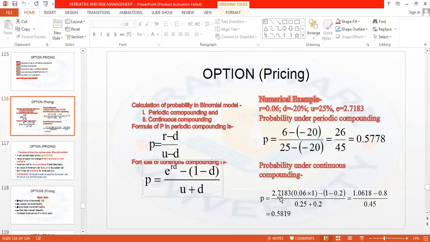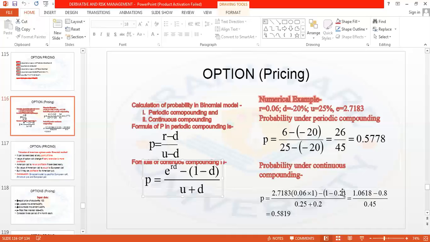It is 2.7183 to the power 0.06 into 1. R is 0.06 and 1 is the time frame, which is 1. Minus, then 1 minus downside, which is 20%.